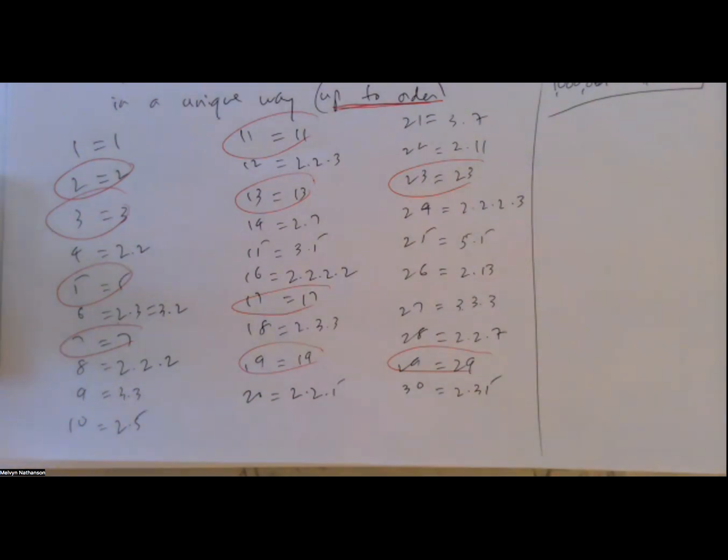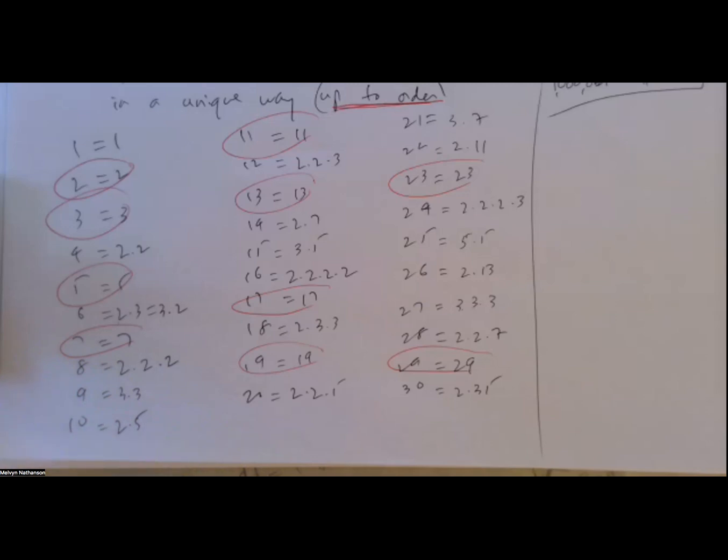Now, I made one statement about prime numbers already, and you might ask how I know that it's true. The statement was that every number is a product of prime numbers, and not only that, but a product of prime numbers in a unique way.